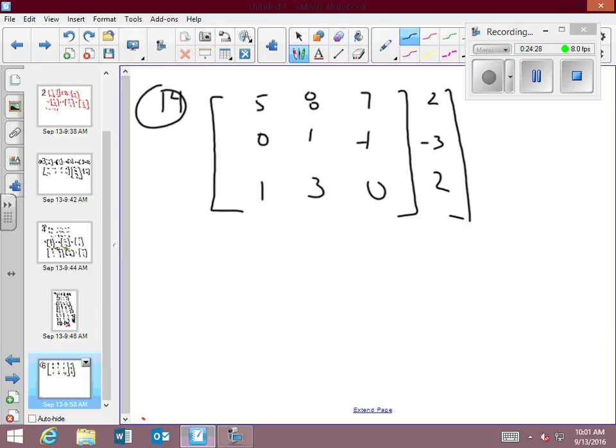What would you do with that? To put it in echelon form, to make it as easy as possible, I interchange row 3 with row 1, right? Because then I have a 1 over here, and I have a 1 in the second row.